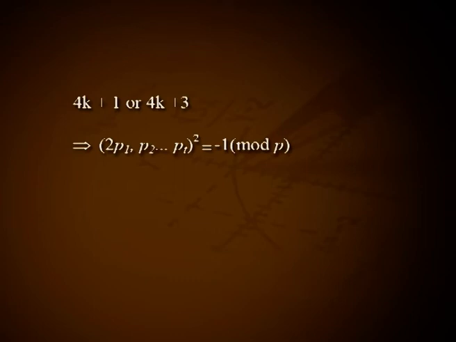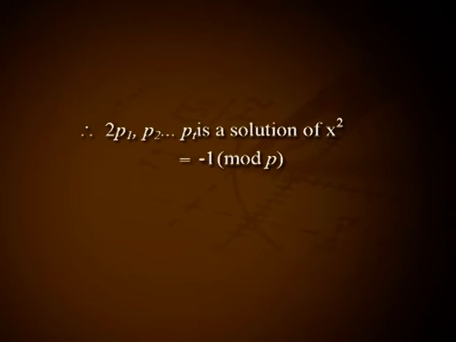it must be a prime of the form 4m+3, as all odd primes are either of the form 4k+1 or 4k+3, which implies (2p1p2...pt)² ≡ -1 mod p. So 2p1p2...pt is a solution of x² ≡ -1 mod p.